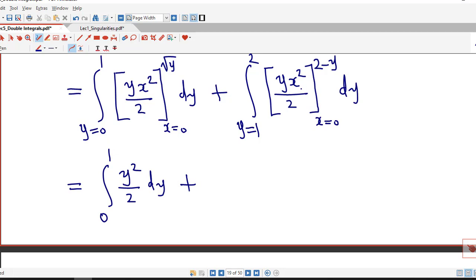Here we have to first put x equal to 2 minus y, that is square of 2 minus y divided by 2, and then we integrate with respect to y from y equal to 1 to 2. Because x is 2 minus y, it is 2 minus y square into y divided by 2 minus x equal to 0. So for lower limit this function becomes 0.